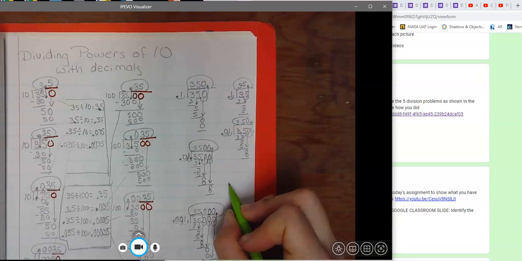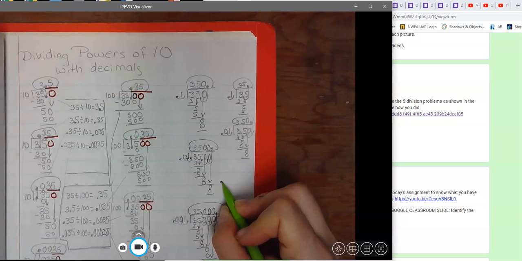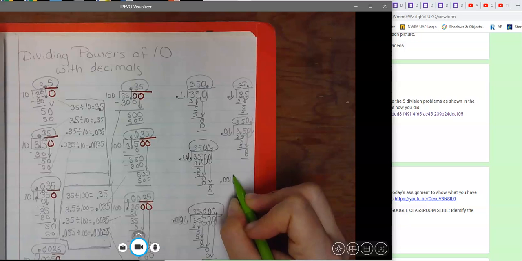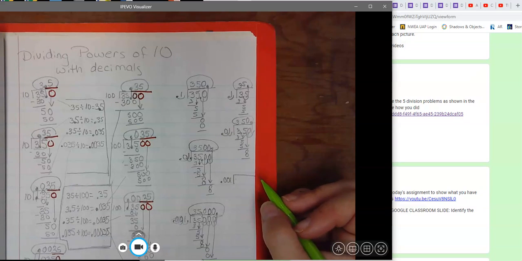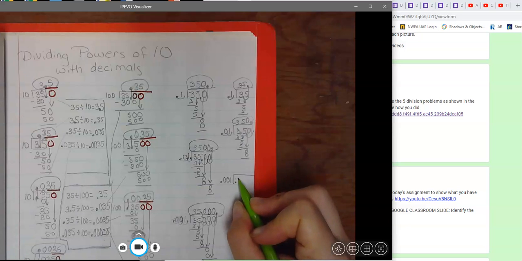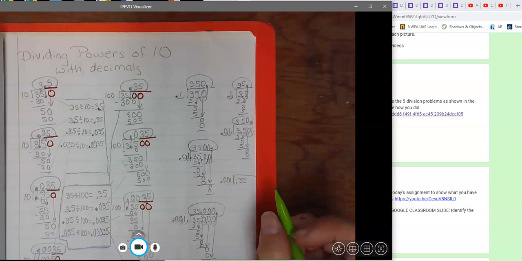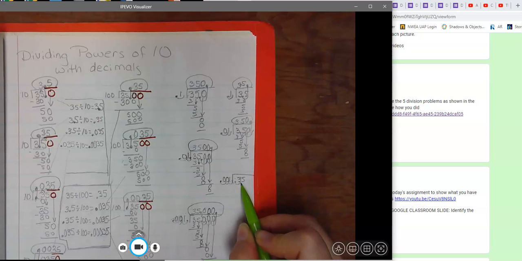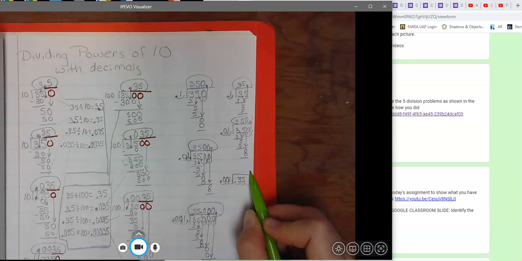The last problem here is going to be 1,000th as the divisor. The dividend is going to be, to throw you off a little bit, 3,500ths. 1, 2, 3. 1, 2, 3.